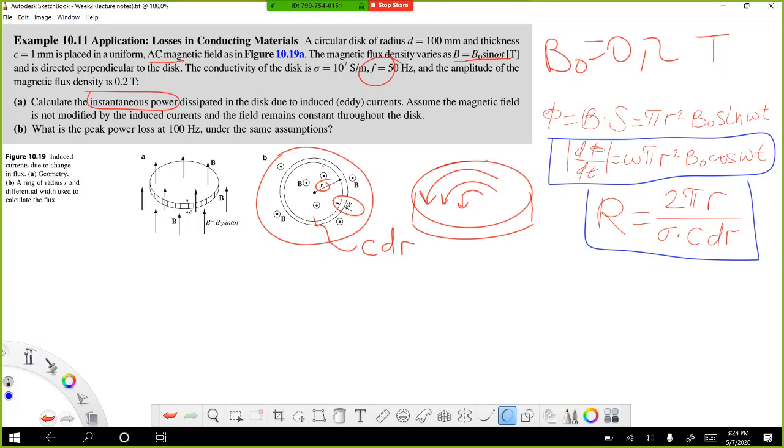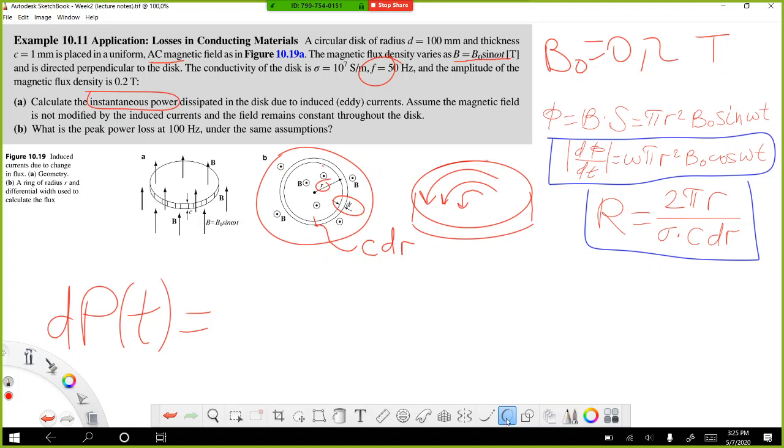Now, in order to find power, I'm writing dP because it is the differential power which is dissipated in the ring, and the total power which is dissipated in the disk will be just P total, the integral of dP.